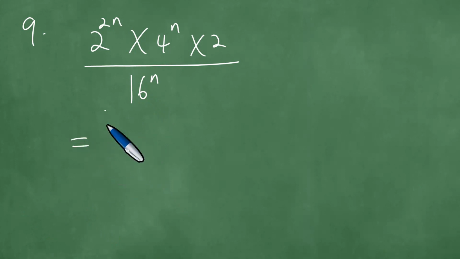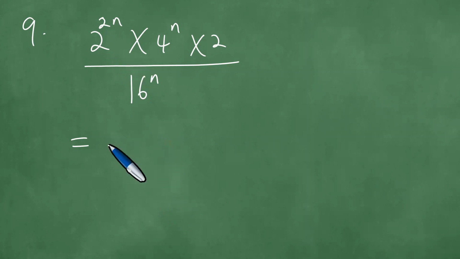Okay, what do we get out of this now? At the top, you get 16 to the power of 3n.